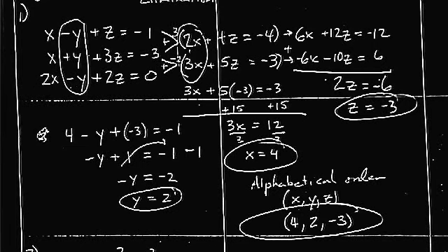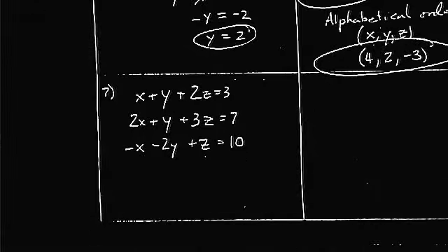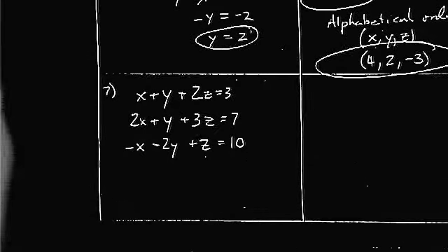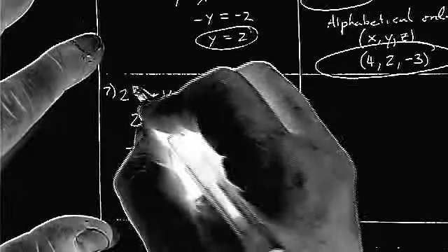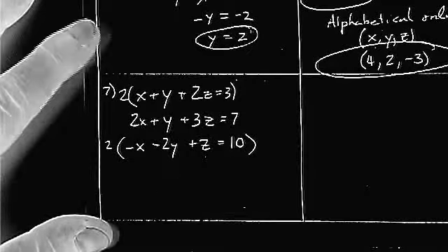Okay. Now, let's do a couple more of these examples just to make sure you're understanding the whole process. In this case, it's not as easy as the last one. So I'm actually going to look at this and decide to multiply the top equation by 2, and also the bottom equation by 2.